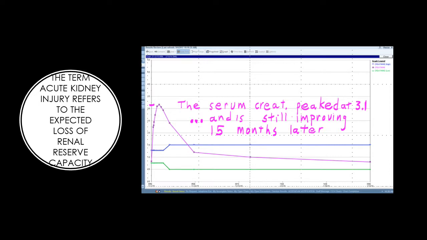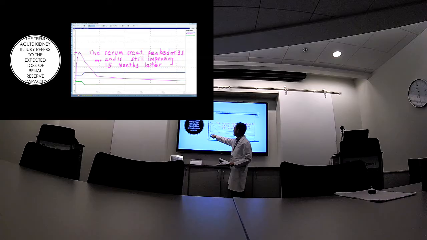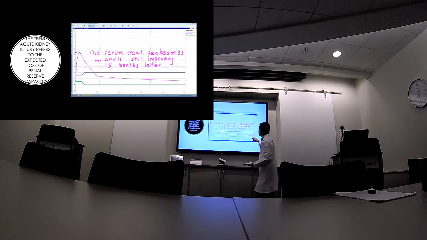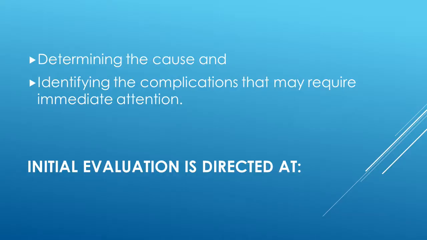I'm going to just get into the summary here. The term acute kidney injury refers to the loss of renal reserve capacity. So in this guy, rhabdomyolysis, baseline creatinine at 0.8 goes up to 3.1. 15 months later, it still went down to about 0.9. And the initial evaluation was to figure out what was going on, and somebody figured out he had elevated muscle enzymes based on the history and knowing to look for rhabdomyolysis.